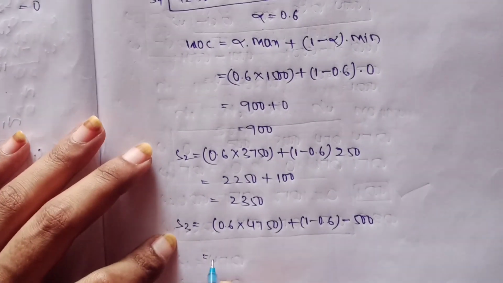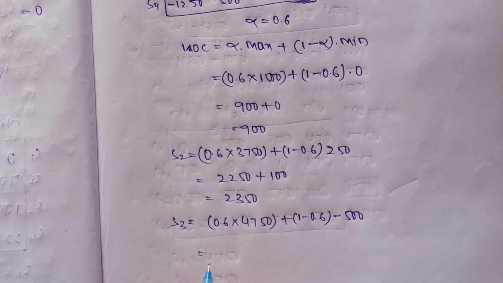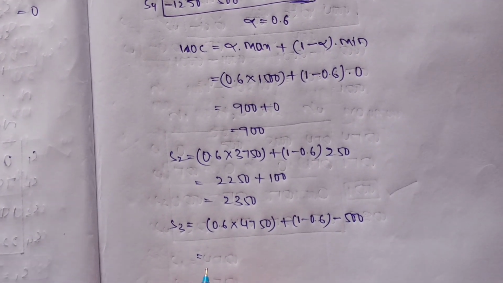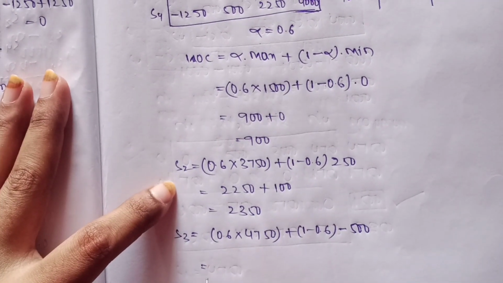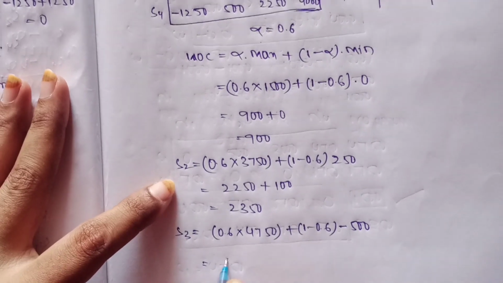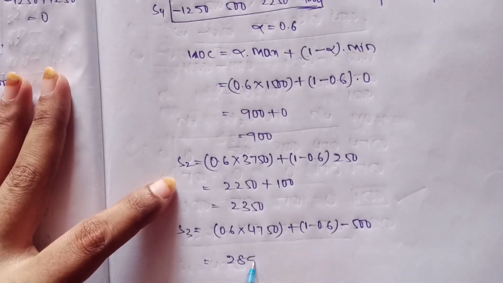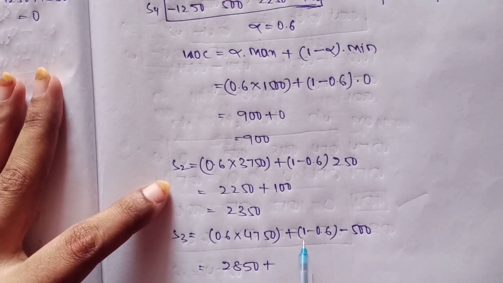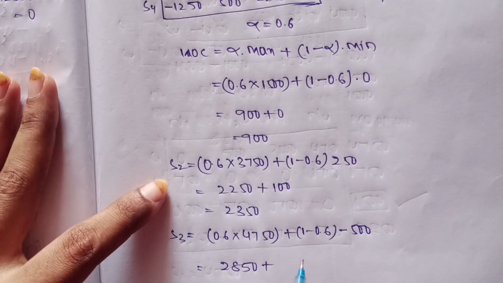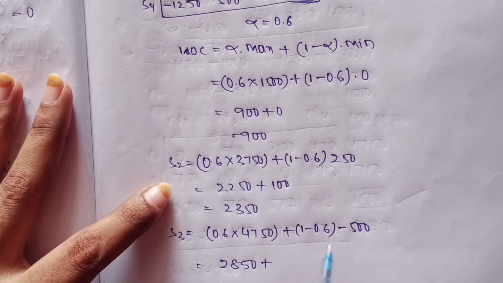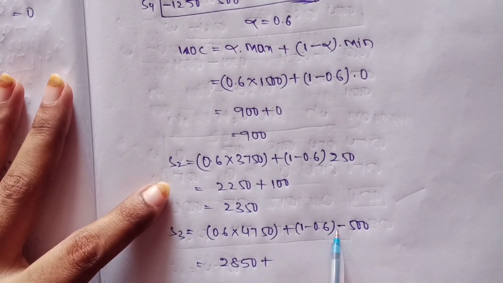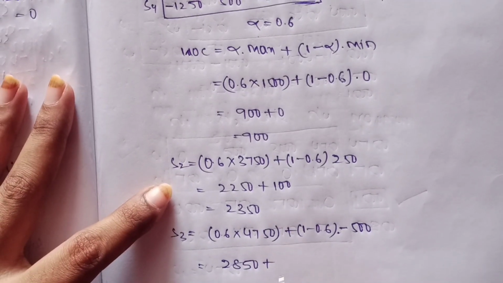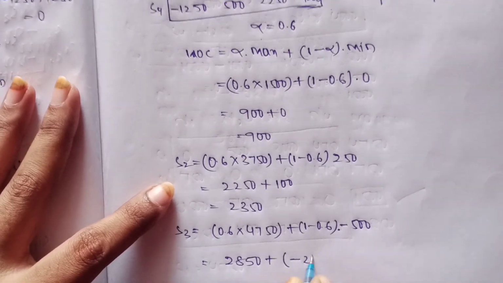So 0.6 into 4750 is 2850, and 1 minus 0.6 is equal to 0.4, and 0.4 into minus 500 is minus 200.